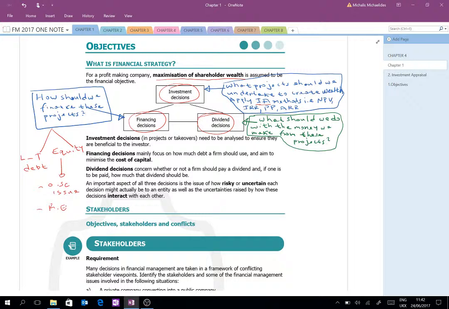And it's obvious that businesses which offer a lot of dividends do not keep very high levels of internally generated funds within the organization, and therefore if these businesses want to raise additional finance, either they have to go for the long-term debt or they have to go for the issue of shares, since the retained earnings would be very, very low.